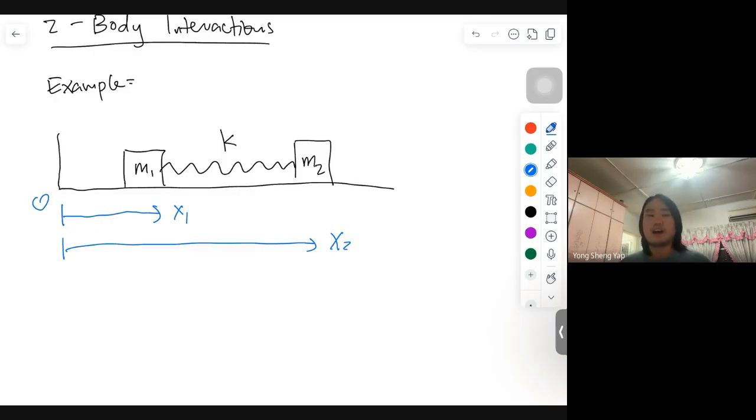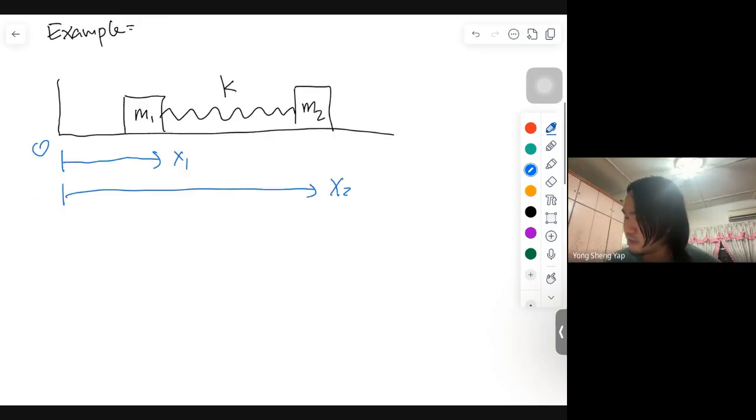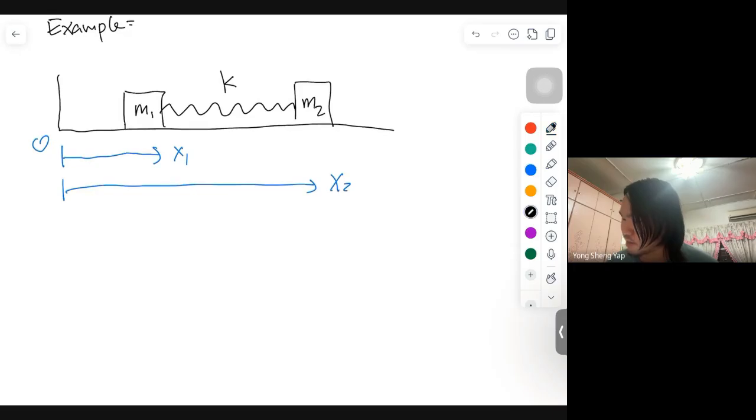Let's write down the equations of motion and see what this tells us. For mass m1, its acceleration is equal to the only force it has, the restoring force of the spring, which is k(x2 minus x1), the elongation.